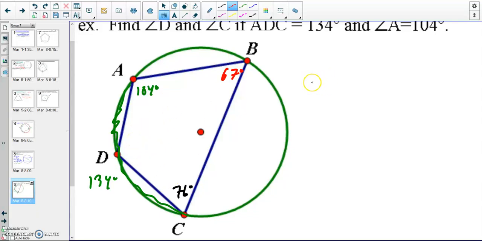So if I do 360 minus 104 minus 67 minus 76, I get that angle D has got to be 113 degrees. Alternatively, I could say angle D and angle B are opposite angles of a quadrilateral inscribed in a circle, so they have to be supplementary. So 180 minus 67.